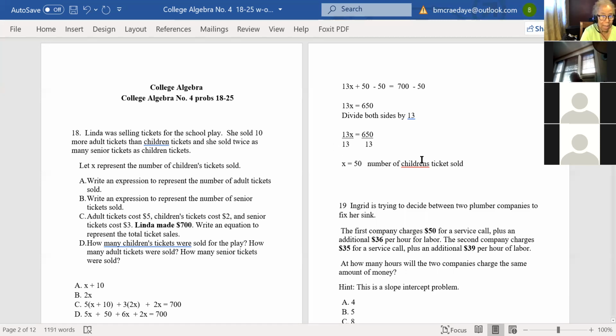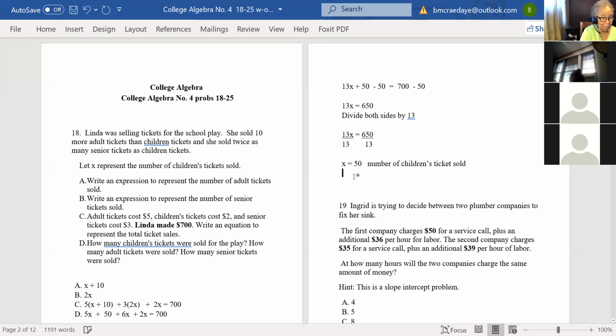Okay. Now, Chastity, how would I find the number of senior tickets and adult tickets sold? No, you got 50 as the number of children's tickets, right? Now, the number of adult tickets is x plus 50, right?